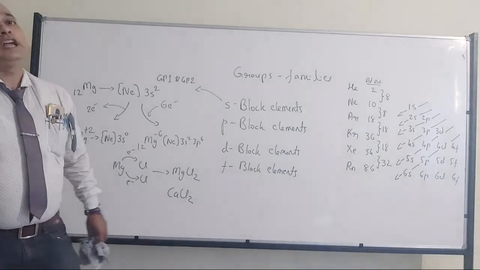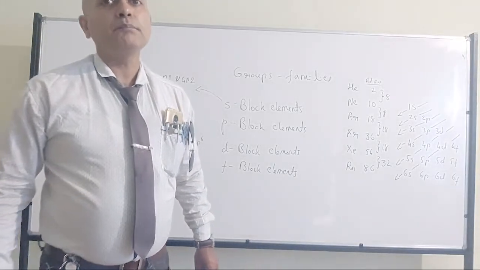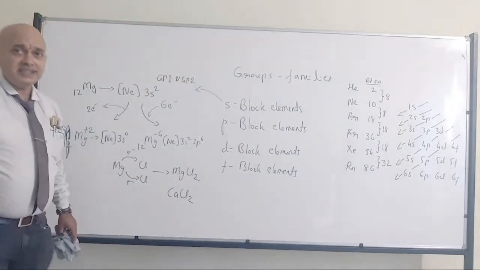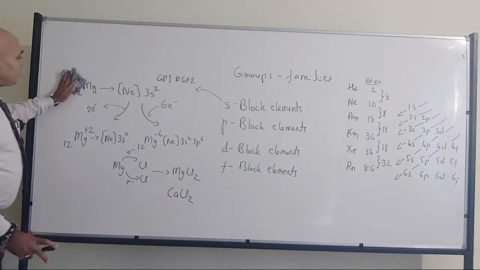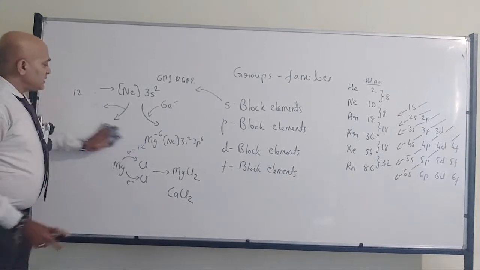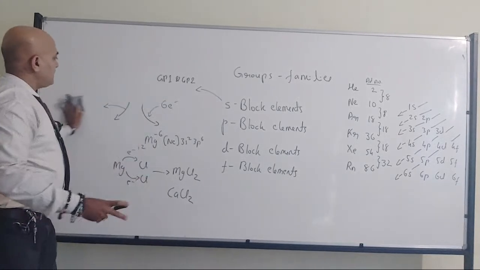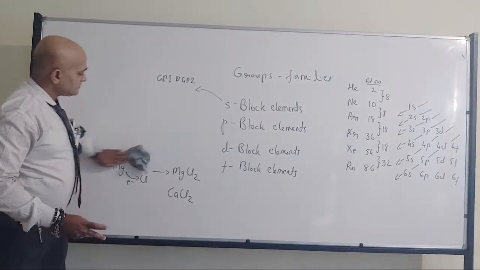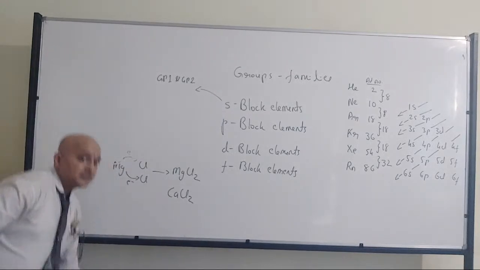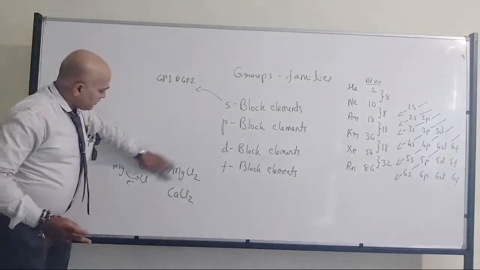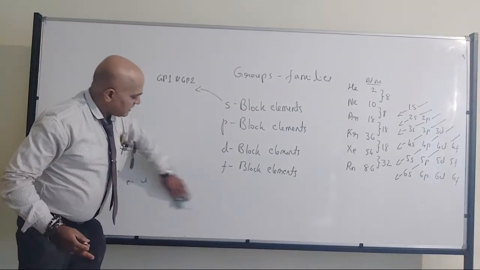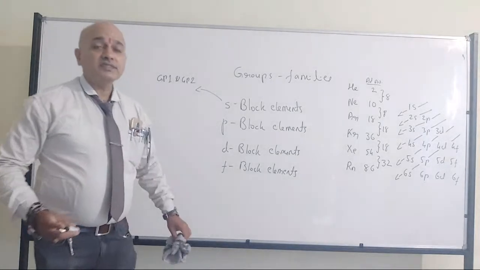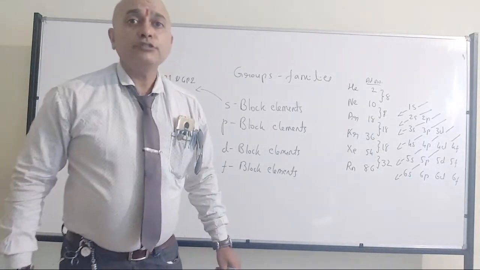Anyway, in detail, you have a separate topic in part 2, that is S block elements. I am not going to discuss it in detail. So this is what we can have as the conclusion. Group 1 elements are called alkali metals, and group 2 elements are called alkaline earth metals.